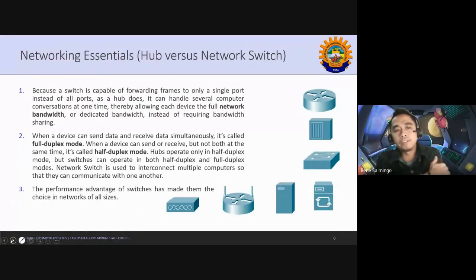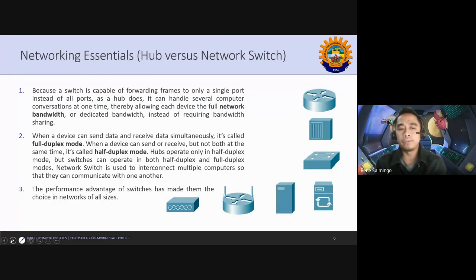So what is the difference between a hub and a switch? A switch is capable of forwarding frames to only a single port instead of to all ports, as a hub does. So it can handle several computer conversations at one time, thereby allowing devices full use of network bandwidth. The network bandwidth is required for sharing of resources.